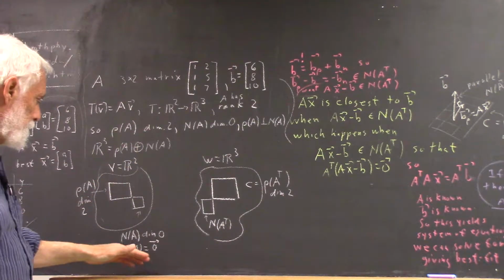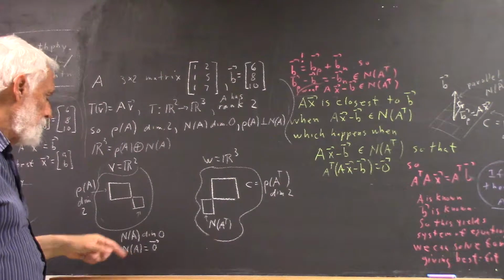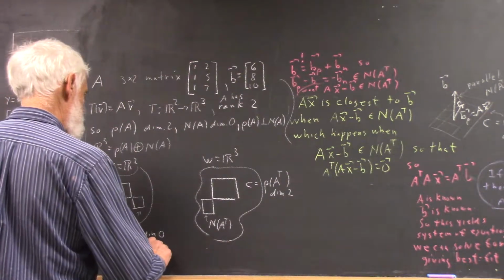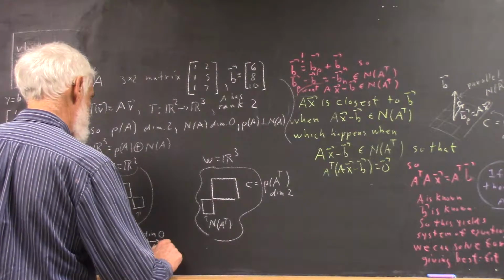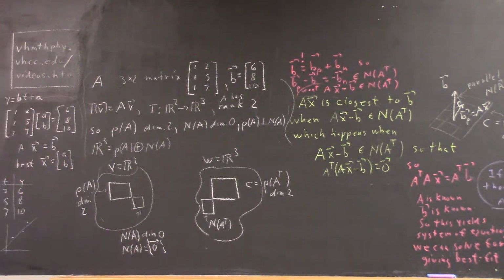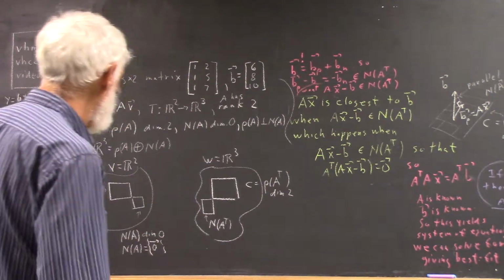The null space has dimension 0, so the null space is a set consisting only of the 0 vector. Over here in R3, things are a little more interesting.